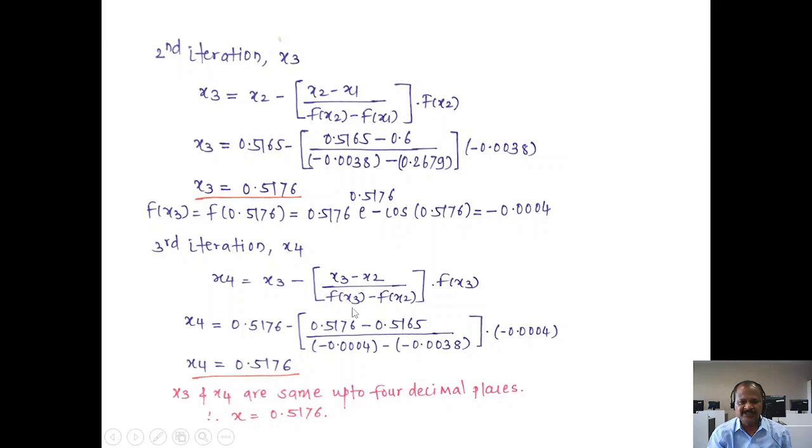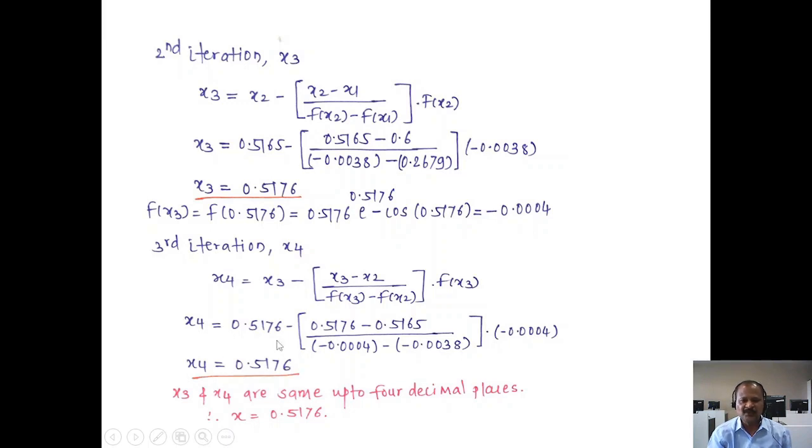Then f of x3 is minus 0.0004, and f of x2 is minus 0.0038, multiplied by f of x3. Do the calculation.